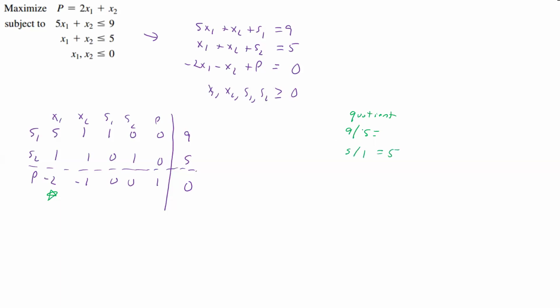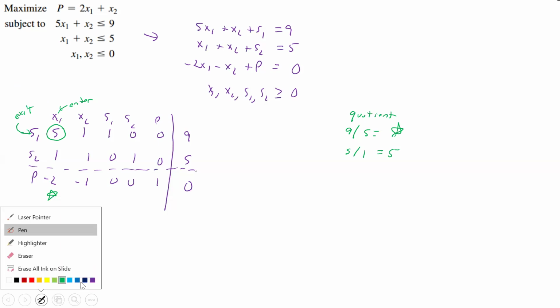Well, that's just 5. This is smaller than this one, so that's going to be my row. And so this is going to enter, and this one is going to exit, and this is going to be my pivot element.